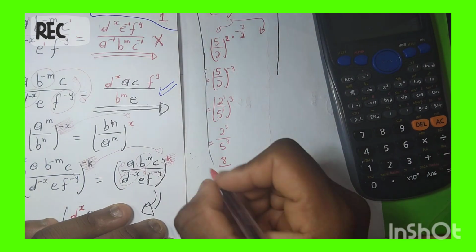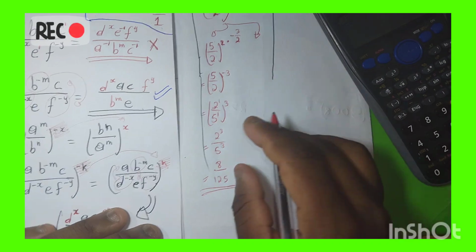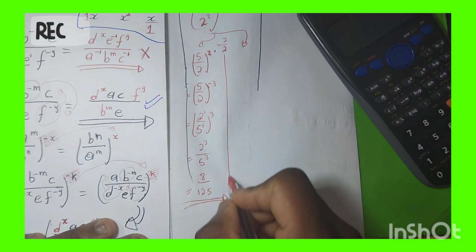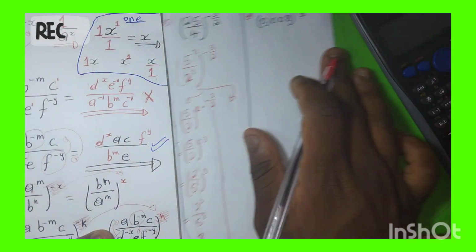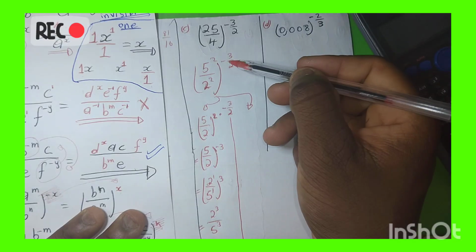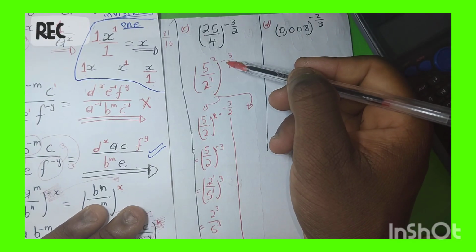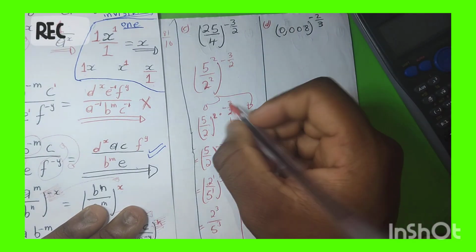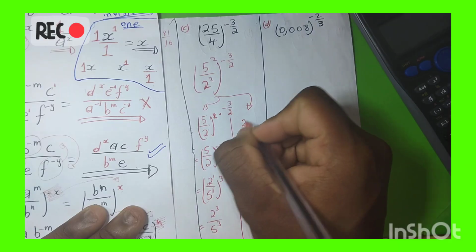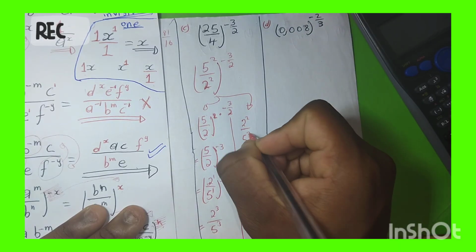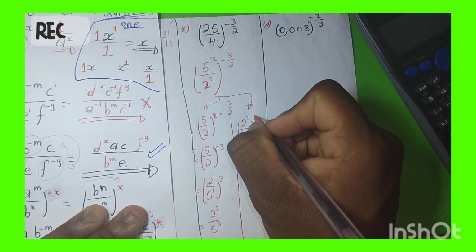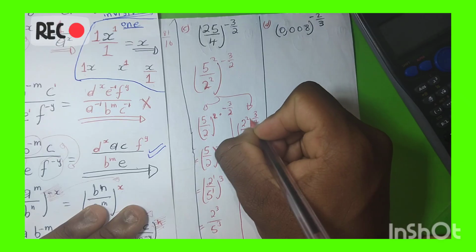Do you see? Or another method that I can use is to apply the one that you know. Start by changing the negative exponent: that fraction will flip, become this, and here it's 3/2. Do you see?